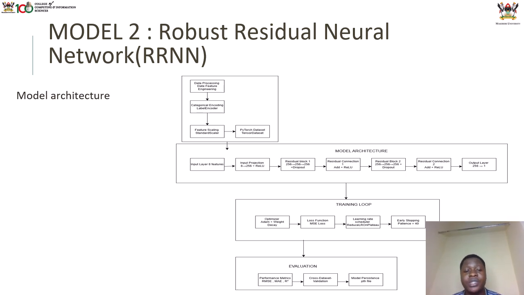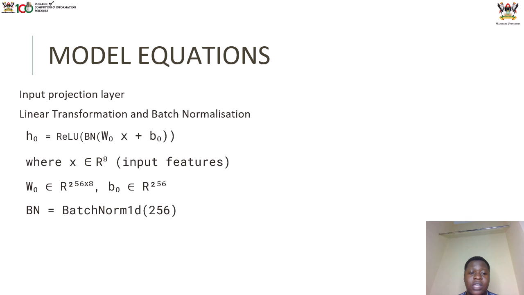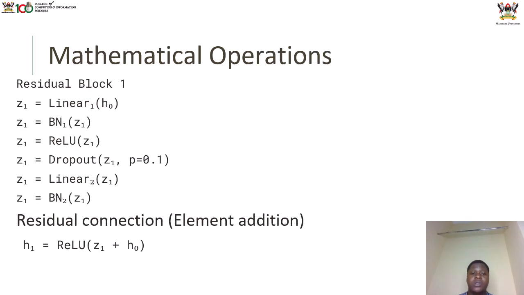As I mentioned earlier, this is going to be a hybrid model, meaning that it's going to combine more than one model and therefore give us the final desired output. So we shall go on to the next slide. These other slides show the equations that are involved in the robust residual neural network, which is also called TAB network MLP. So these are the equations that are involved there.